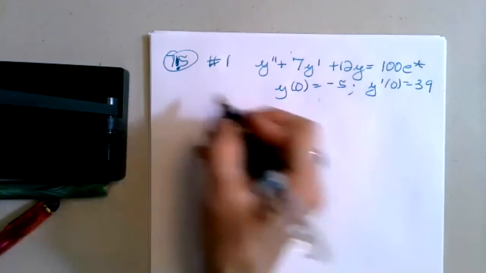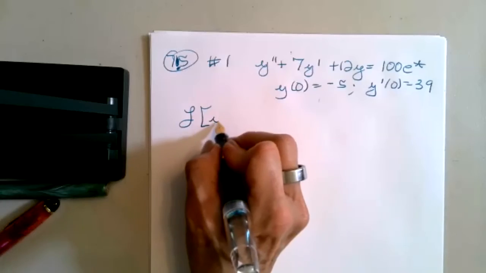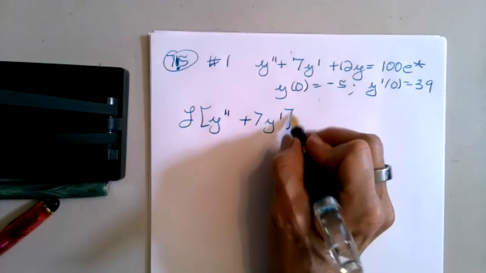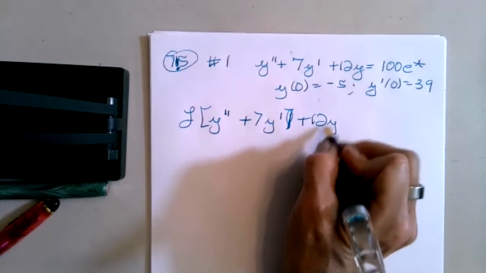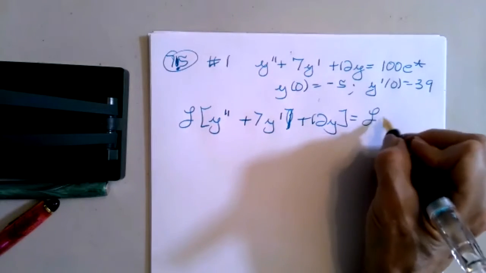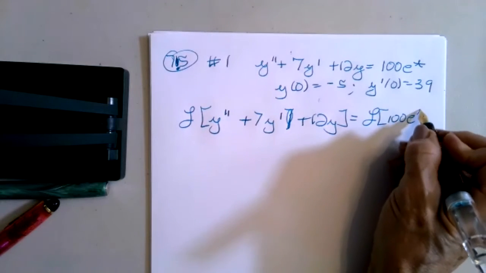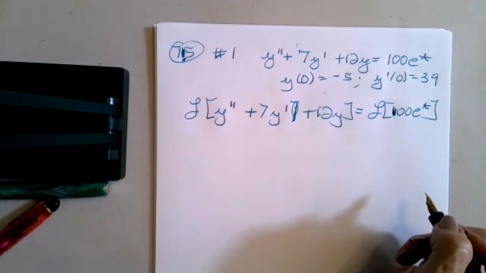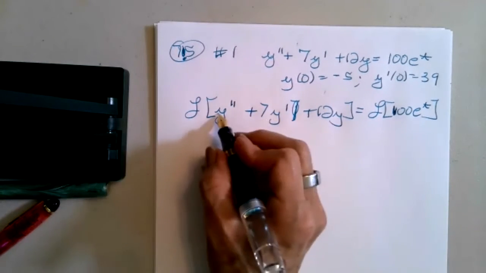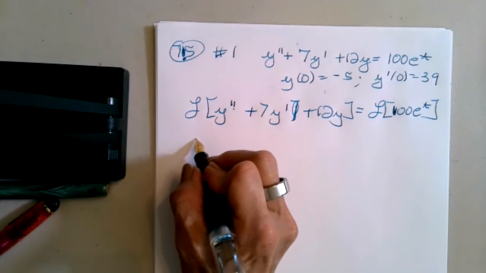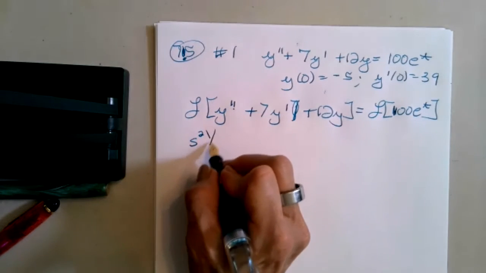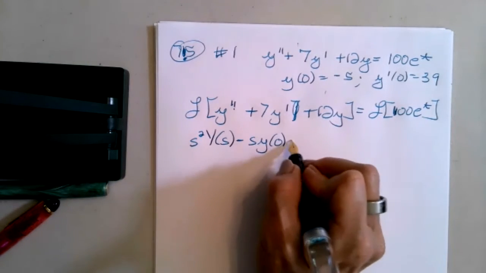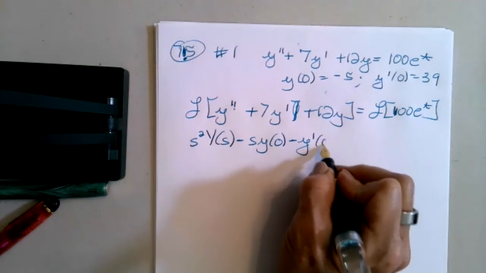Now you take the Laplace transform of both sides of the equation. When you do that, you take the Laplace transform of the second derivative, you get s squared times the Laplace transform minus s times y of 0 minus y prime at 0.